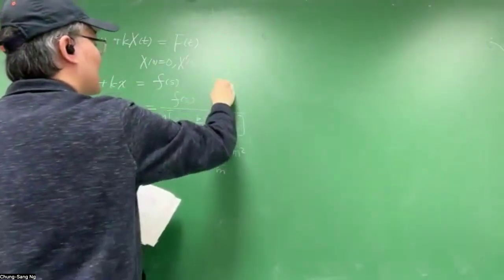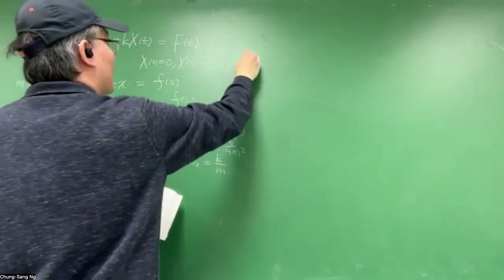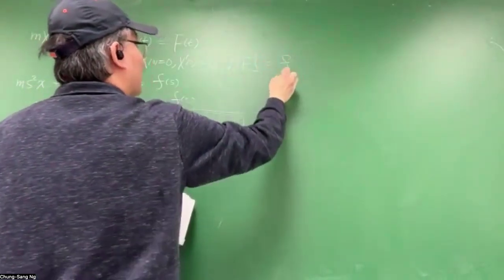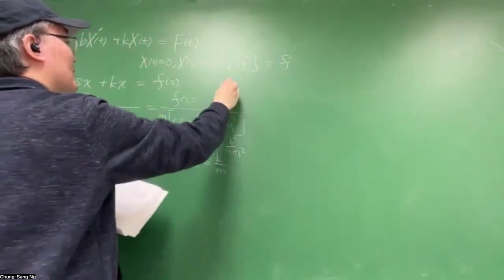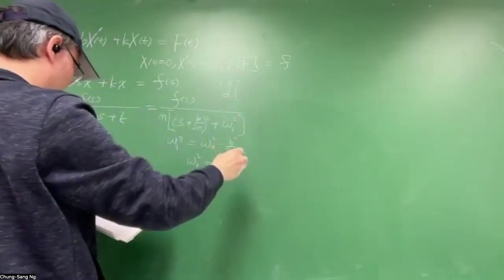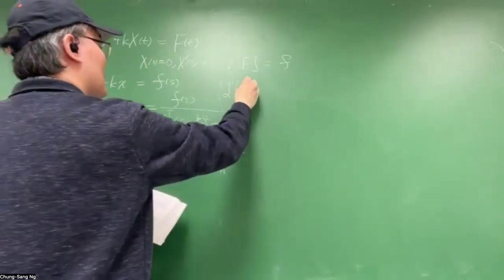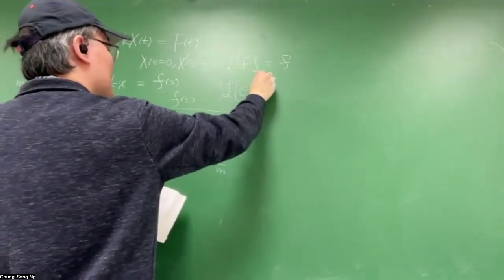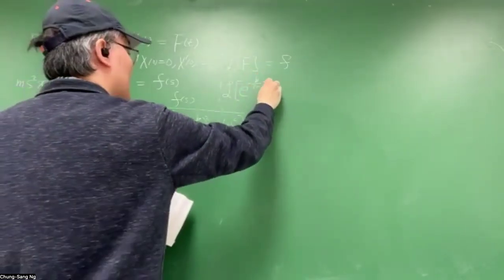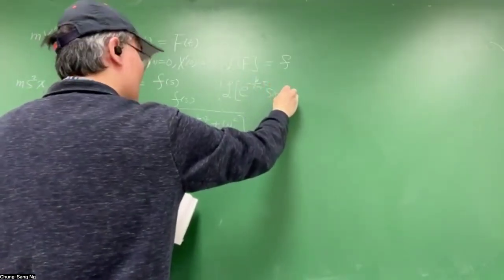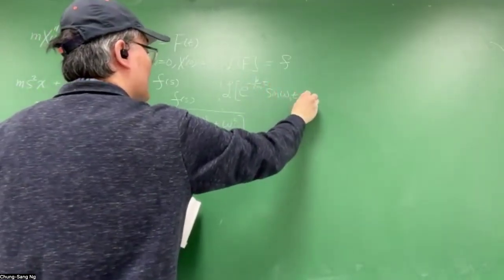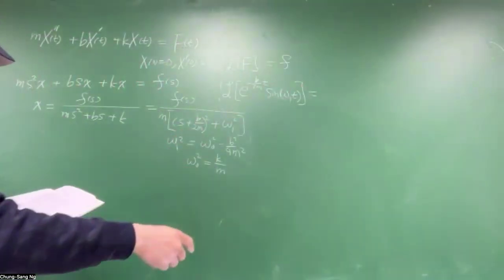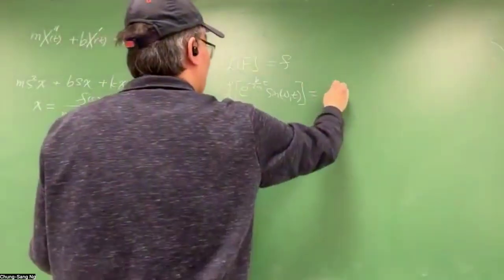So the Laplace transform of f is little f. Okay, and for this one, the Laplace transform of the variable, e to the minus b over 2m t sine omega 1 t is this one.